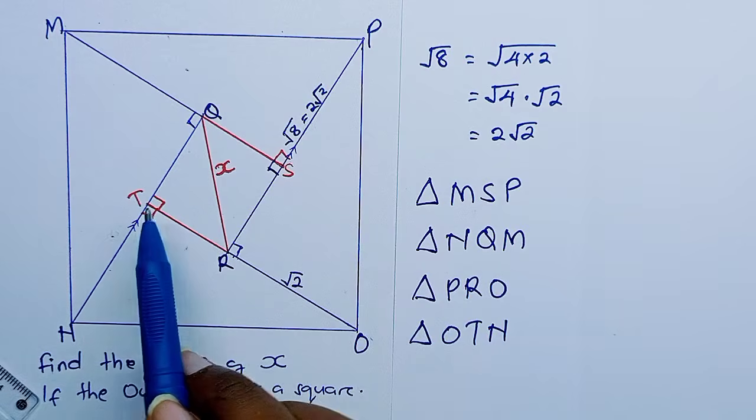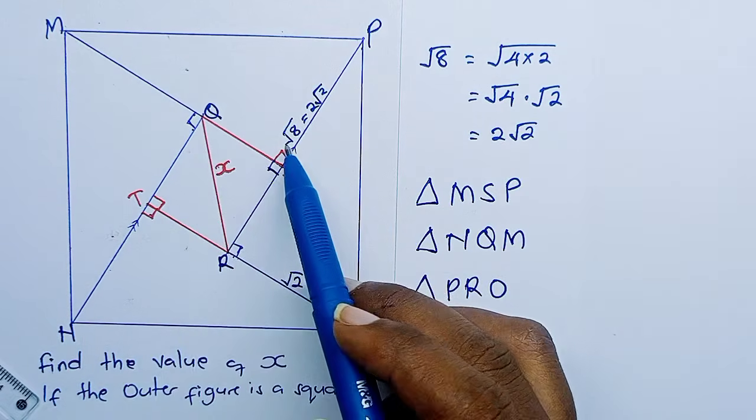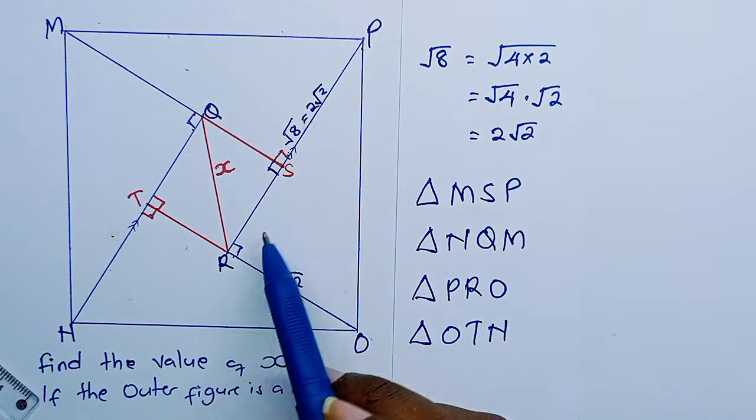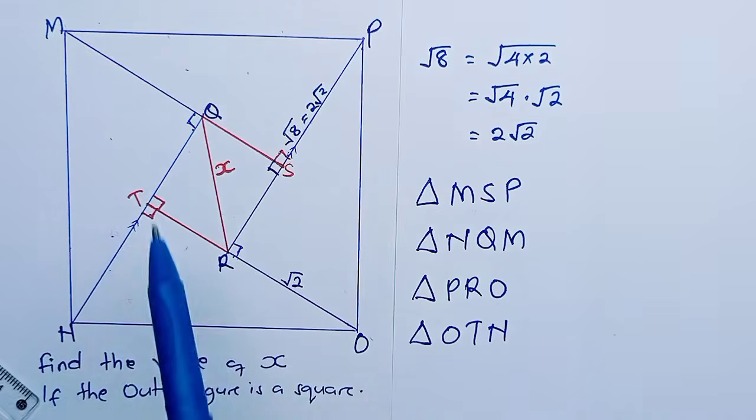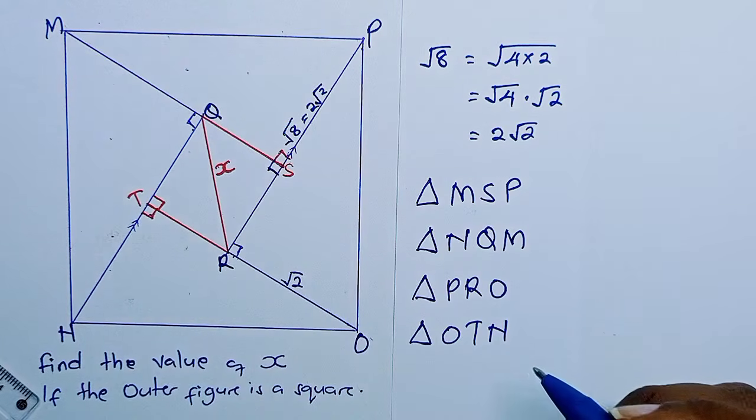So as you can see, this is 90 degrees here, this is 90 degrees, this is 90 degrees, this is 90 degrees. So this triangle, this triangle, this triangle, and this triangle are right angle triangles.